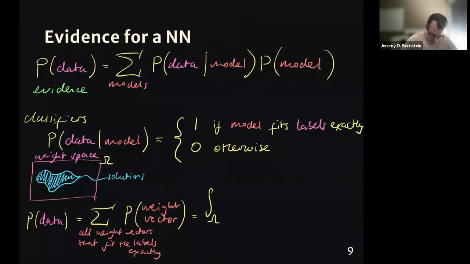The integral over omega of the prior probability of a particular weight vector times my likelihood function. But remember, my likelihood function is just the indicator function of whether the neural network with weight vector W applied to input 1 equals the label 1, and then analogous terms for all data points.